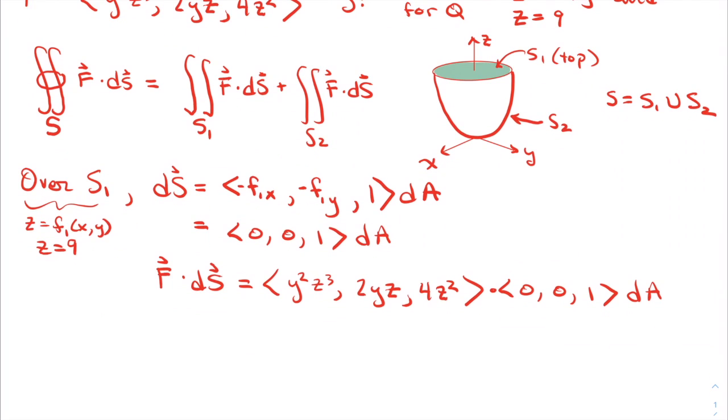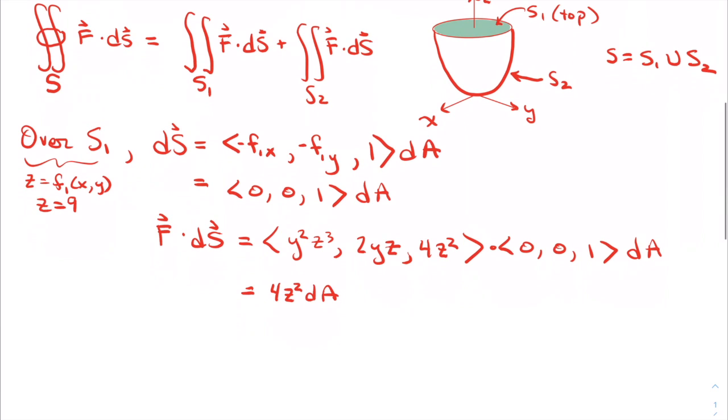So easy, right? It's just 4z squared dA. Okay, any questions?